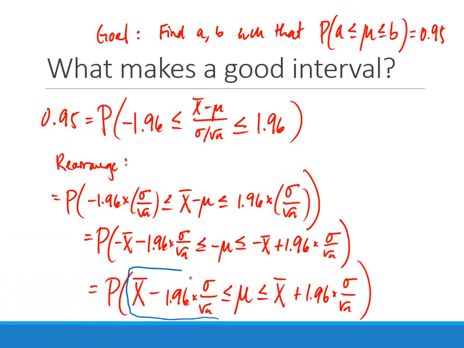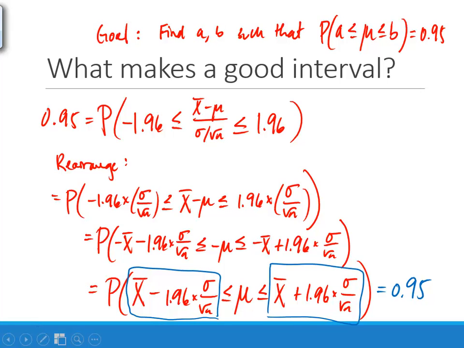Okay, so here's A and here's B. Again, remember this is equal to 0.95. So I'm formally showing you how we step through and arrive at those two numbers as our limits that give us probability of 0.95 between.